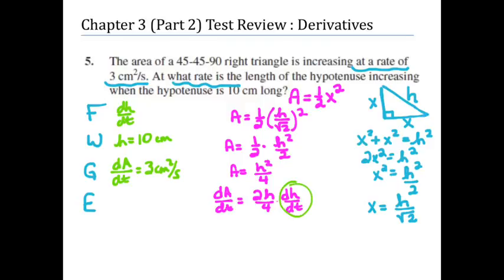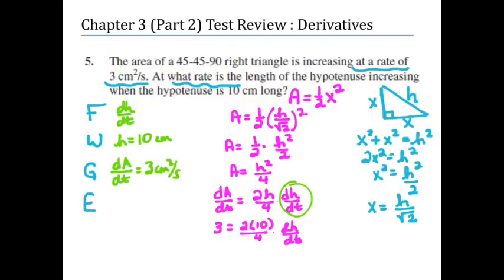And dH dt, that's what I'm looking for. So I'm going to substitute in for the other numbers here. dA dt is equal to 3, and 2 times 10 over 4 times dH dt.